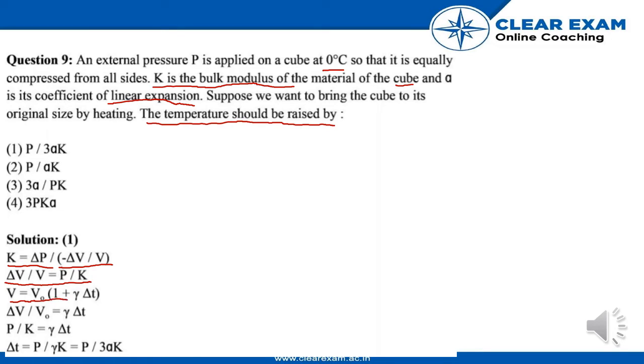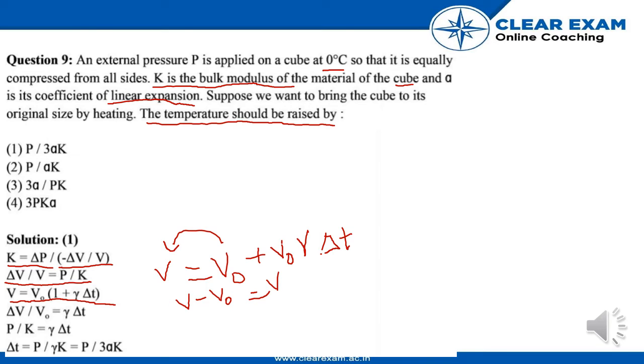Therefore, V equals V naught times 1 plus gamma delta T. If you multiply V naught on the inside, you will get V naught plus V naught gamma delta T. Then take V naught to the left side: V minus V naught equals V naught gamma delta T. Now divide both sides by V naught.